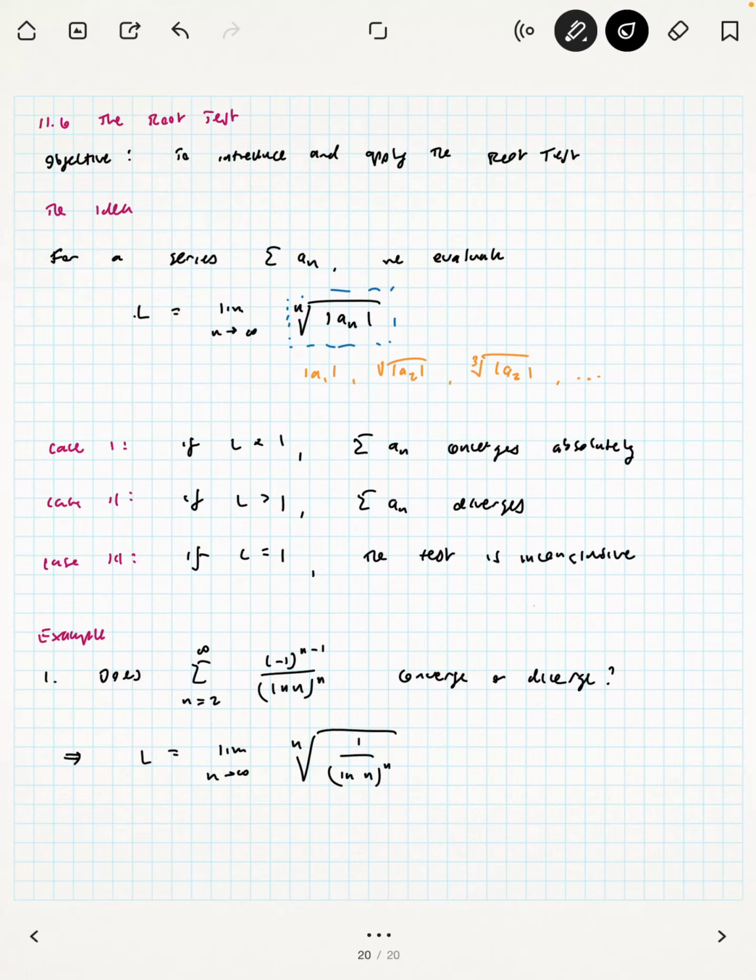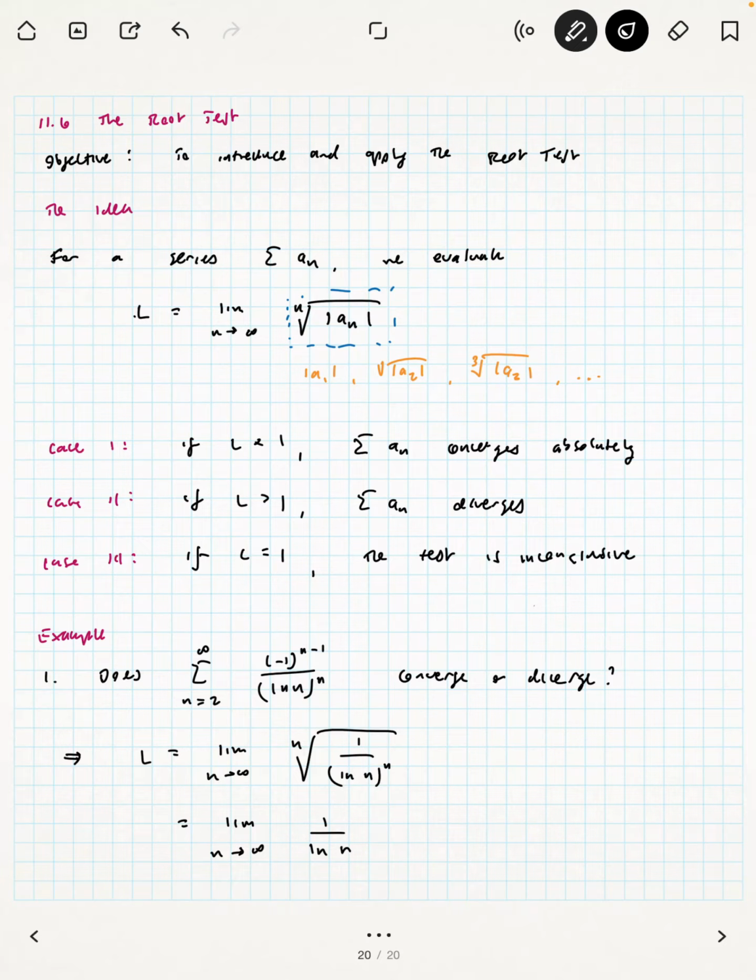the nth root of 1 over ln of n to the n power. And because of the n power here, that's going to cancel with the nth root, and we just end up with something like the limit as n goes to infinity of 1 over ln of n.